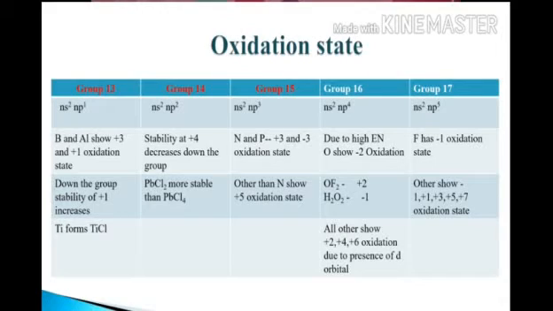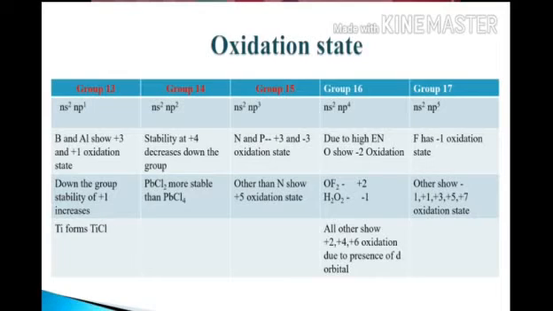Now we check group 16, with ns2 np4 configuration. Coming to oxygen first, it has high electronegativity, so it has the tendency to gain 2 electrons. That's why oxygen shows an oxidation state of -2 only. There are some exceptions.